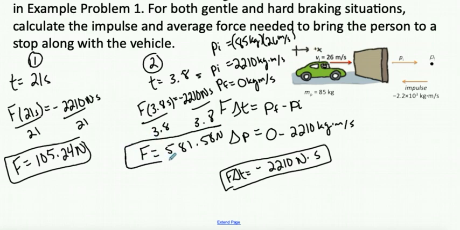Okay, so then we're going to ask ourselves here, analyze this a little bit. Does it make sense? Do I have a smaller time and a larger force? Yeah, so our time went down from 21 to 3.8, just like above, and our force went up. Okay, so a shorter time is going to equate to a larger force. Okay, so this would be our linear momentum. Let's check another problem.